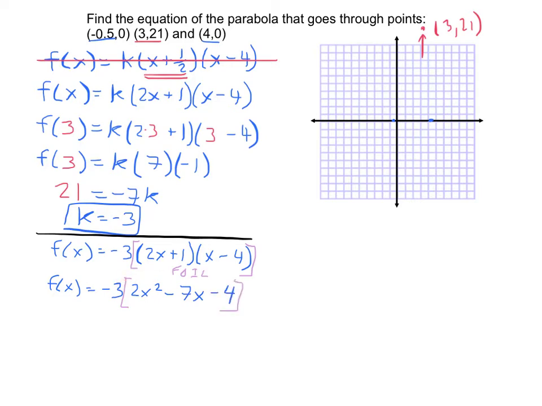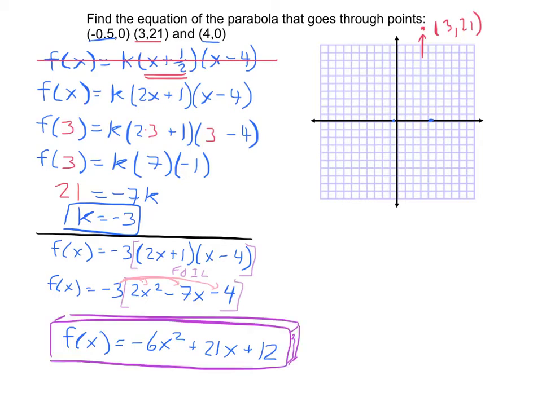And now distribute that negative 3 through to each and every term. Negative 6x squared plus 21x plus 12. Alright, that's the equation here, and it's going to hit all 3 of those points. And I can plug it in and make sure that it actually gets there.